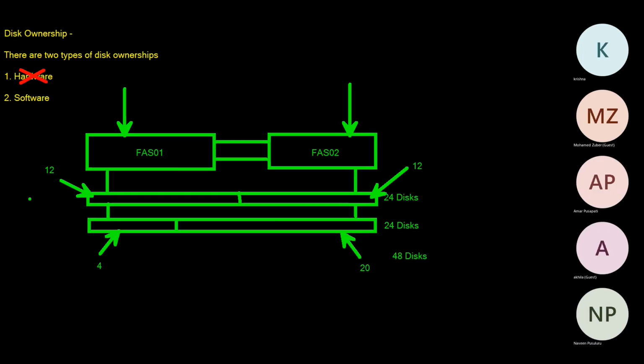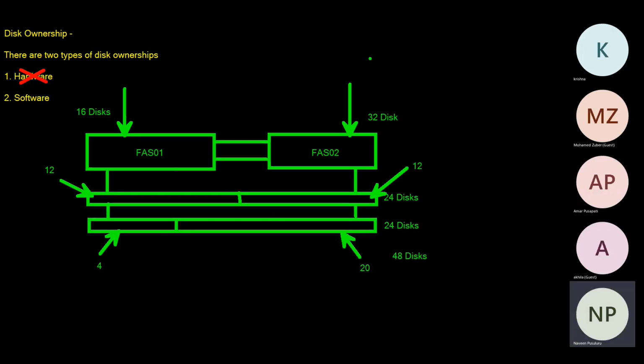So total, how many disks are under my controller 1? 16 disks. That means only 16 disks can be used in this controller. And how many disks are under my controller 2 ownership? 32 disks, right? 12 from shelf 1 and 20 from shelf 2.